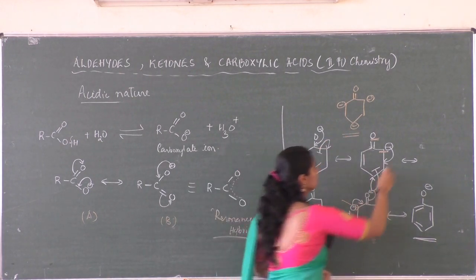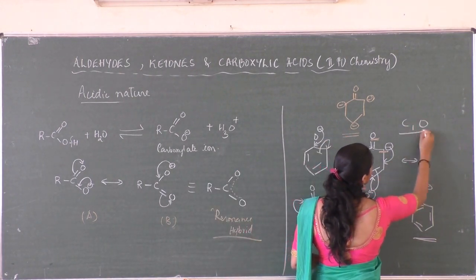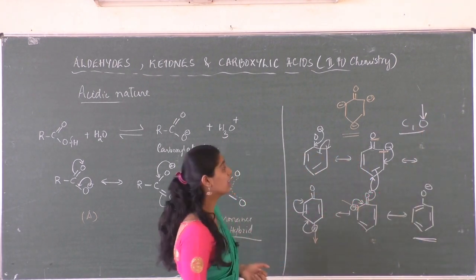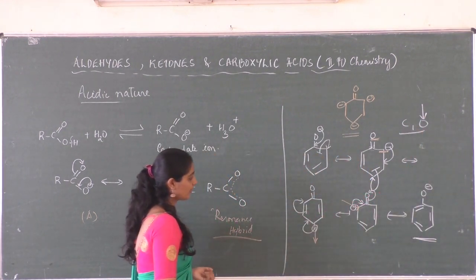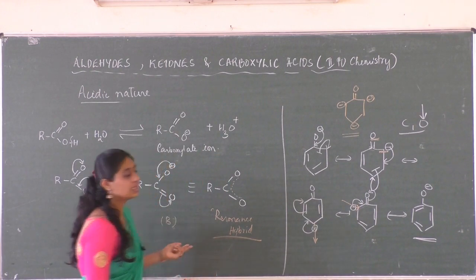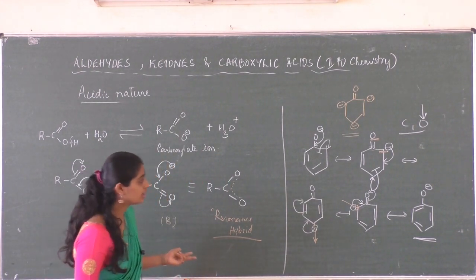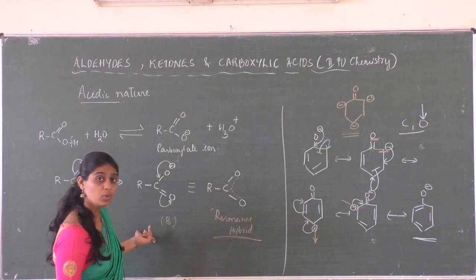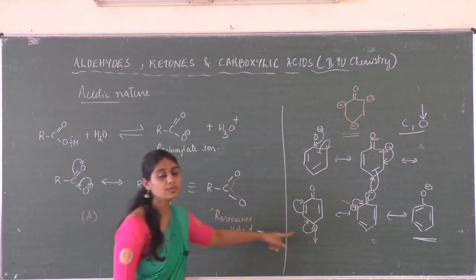Oxygen is more electronegative compared to carbon. So by comparing these two factors you can easily tell that carboxylic acids are more acidic compared to phenol.